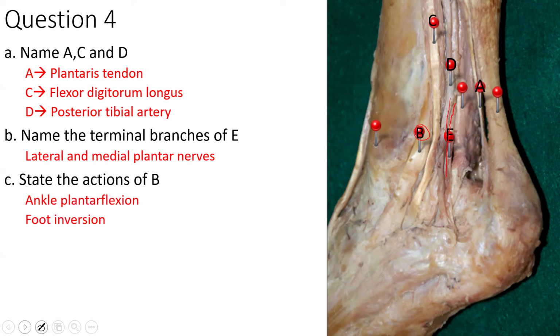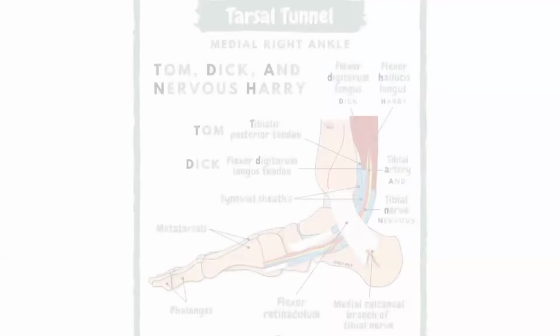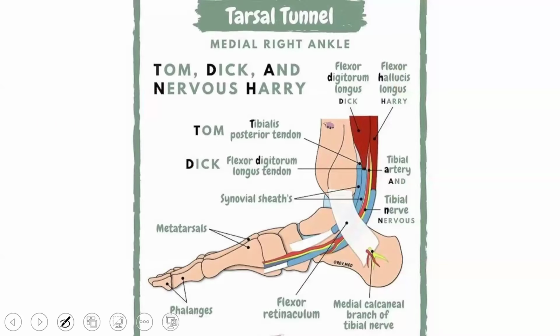Okay. So here is a mnemonic to remind you how structures are arranged within the tarsal tunnel as you move from the lateral malleolus towards the calcaneus. You start with the tibialis posterior, then the flexor digitorum longus, then the posterior tibial artery, then the tibial nerve, and then the flexor hallucis longus.